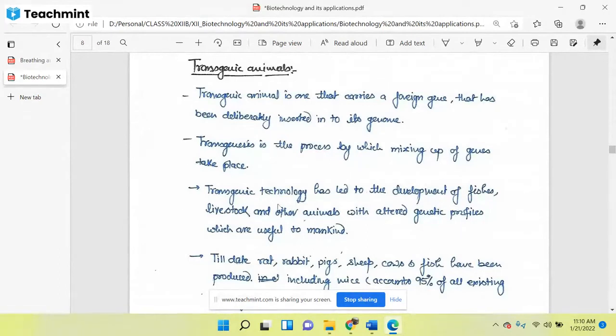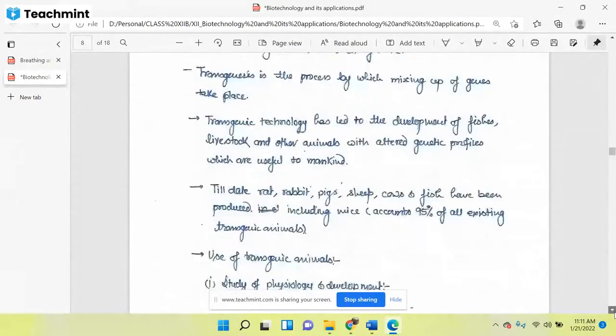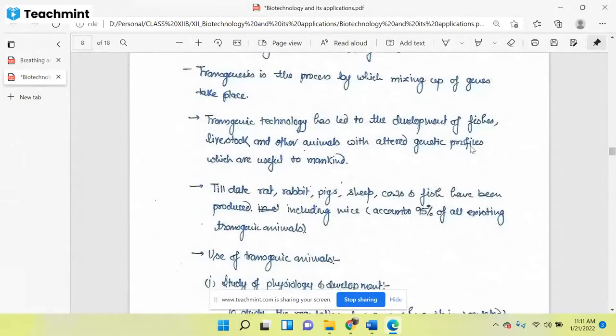Now, transgenic technology has led to the development of fishes, livestock, and other animals with altered genetic profiles, which are useful to mankind. It means we are still doing all these experiments. We are taking the DNA from different sources, and we are making different transgenic animals.